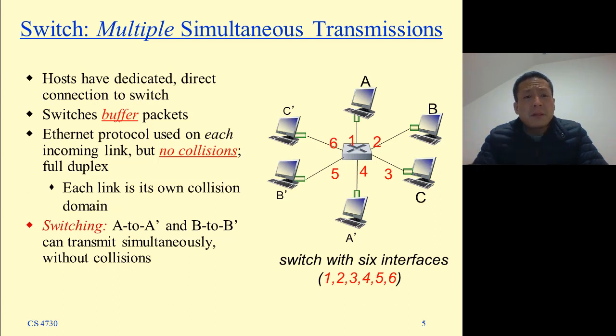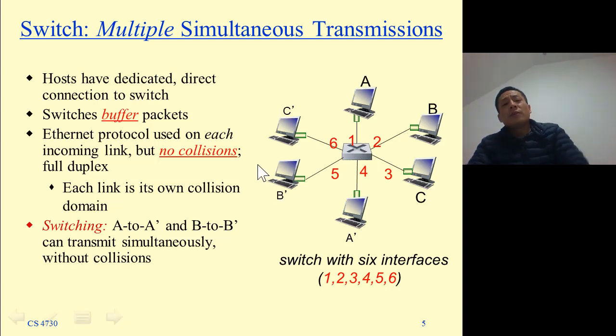It's different from a hub or some other devices in the sense that each of these spokes in this graph is an individual collision domain. Whatever packet you send out is stored and forwarded by the switch, which means essentially there's no collision. The reason for collisions in the old days was that everybody tried to send simultaneously.